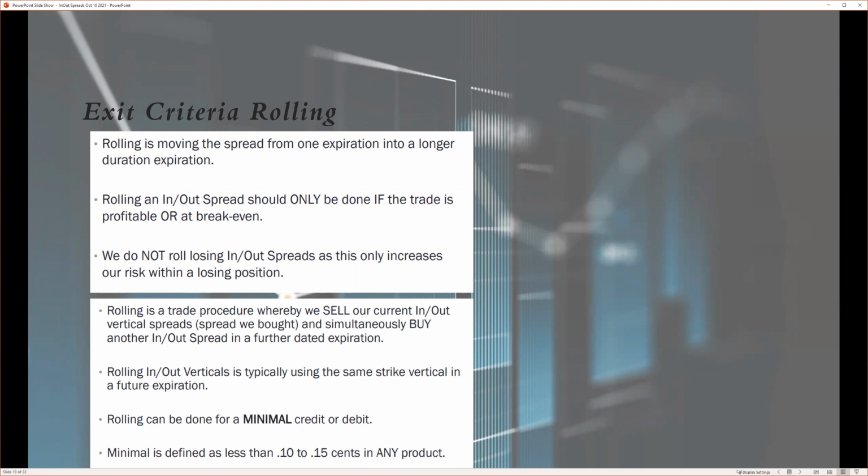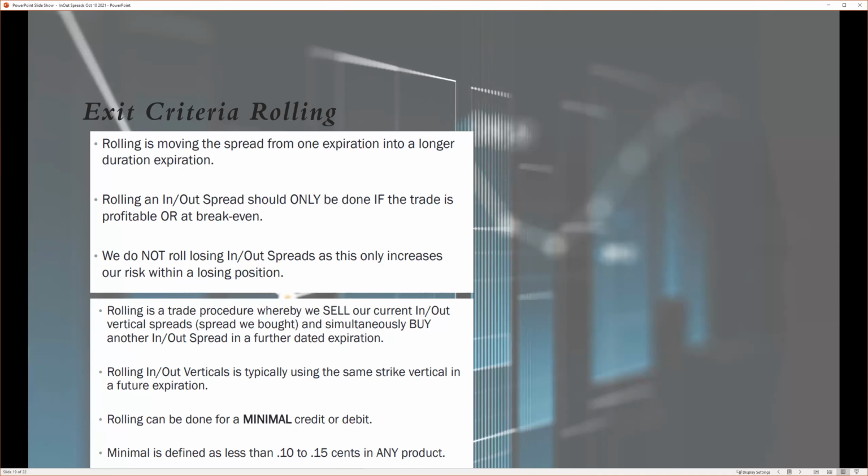And we're not looking here to make money on the roll. When we are rolling on an intraday basis, it is to take some risk off and to take some profits. In this case, the only reason to roll on the in and out spreads is to buy some more time in order for us to achieve the target that we're looking for.